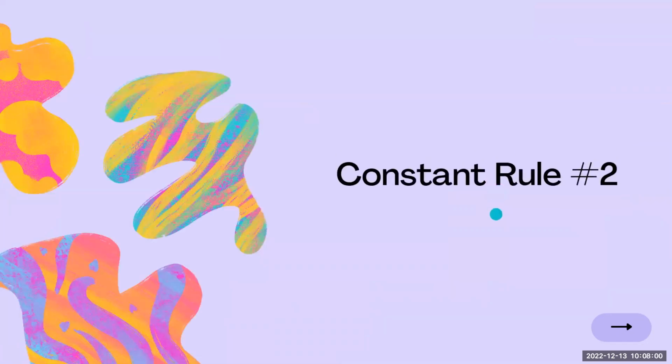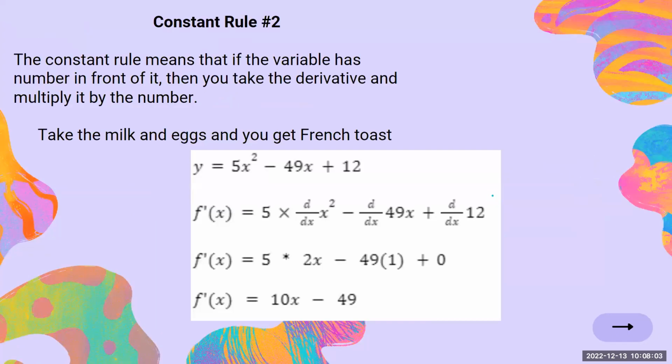Constant rule number 2 means that if the variable has a number in front of it, then you take the derivative and multiply by the number. So in this equation, y equals 5x squared minus 49x plus 12. How you do this is f prime of x equals 5 times the derivative of x squared minus the derivative of 49x plus the derivative of 12.